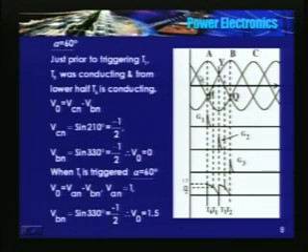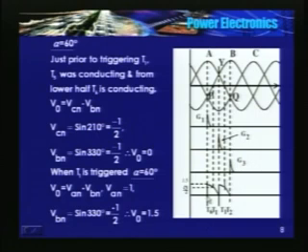It is VCN, because T5 is conducting, minus VBN, because T6 is conducting in the lower half. What is VCN? VCN is proportional to sine 210 degrees, that is minus half. VBN is at 330 degrees, it is again minus half. So the output voltage VCN minus VBN is 0.